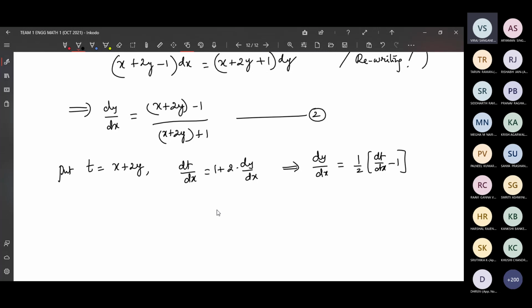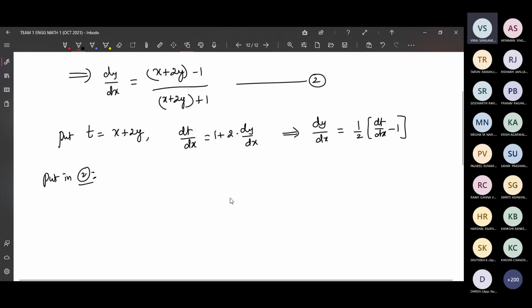So the left hand side dy by dx is replaced with half dt by dx minus 1. So put all this in equation 2. Left hand side half dt by dx minus 1, and the right hand side, same t minus 1 by t plus 1.